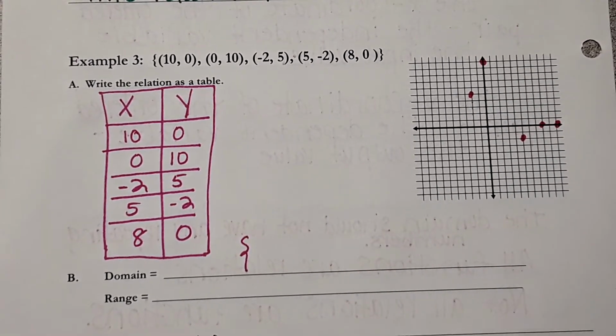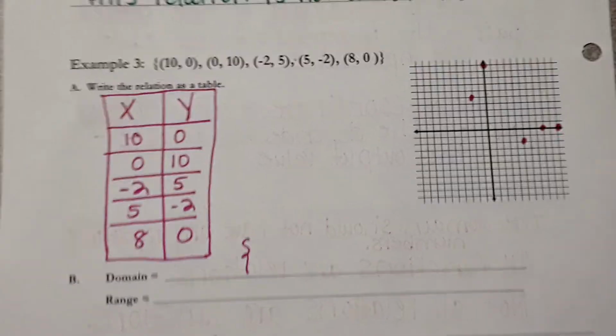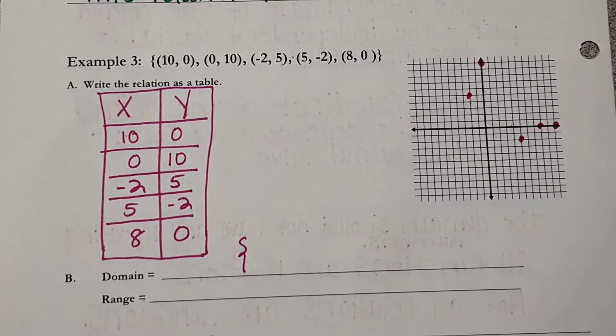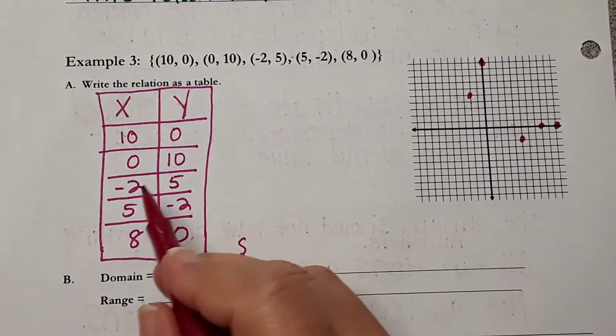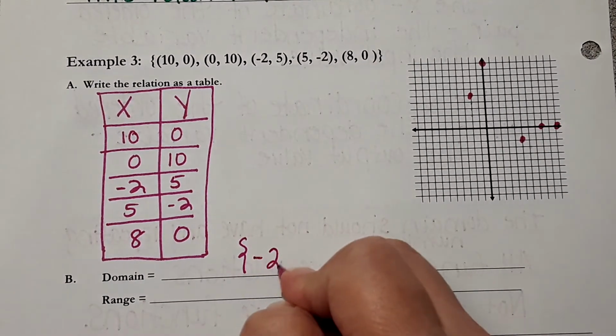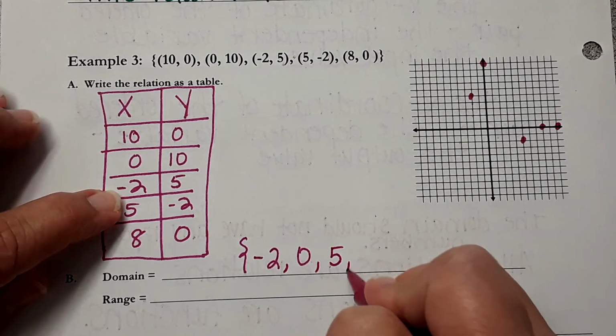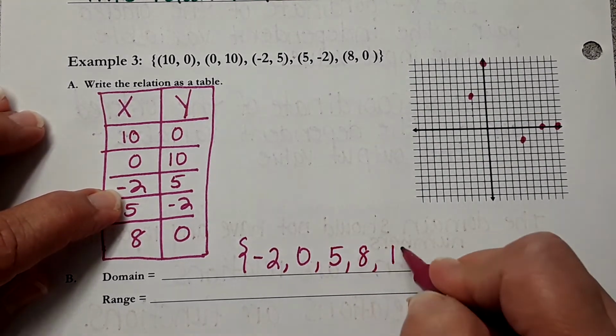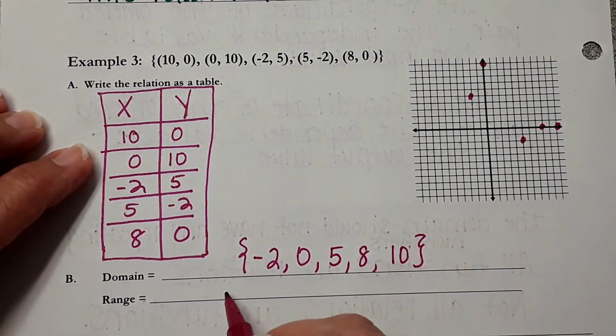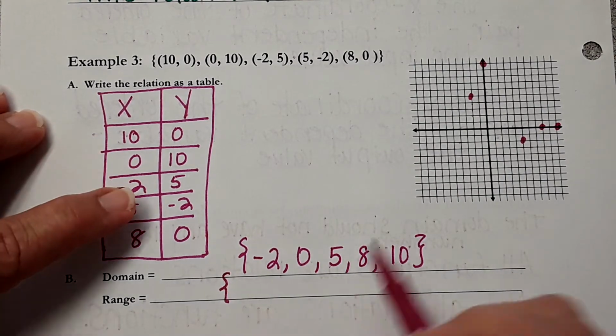So now, since we made a table, when I ask you your domain, it needs to be in order from smallest to largest. So -2 is our smallest number, followed by 0, followed by 5, followed by 8, followed by 10. Then our range should also be in order from smallest to largest.